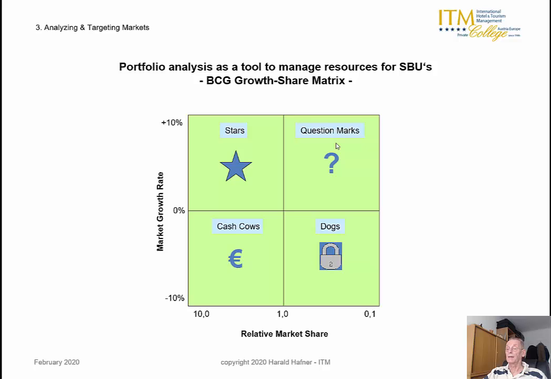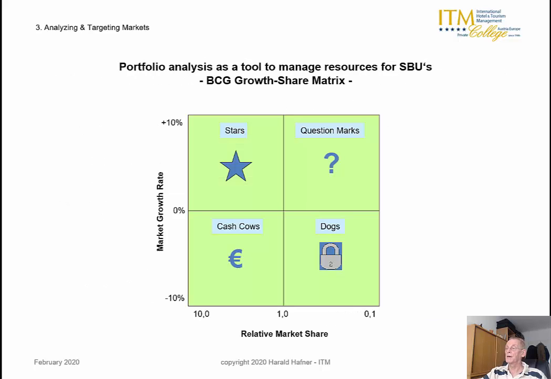The second cluster has a low attractiveness and a strong competitive position. And the third cluster has a high attractiveness and a low competitive position. And the fourth cluster has a low attractiveness and also a weak competitive position.